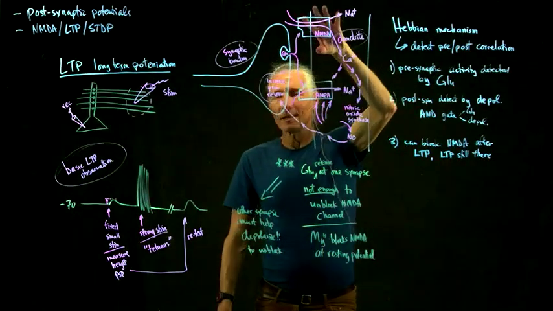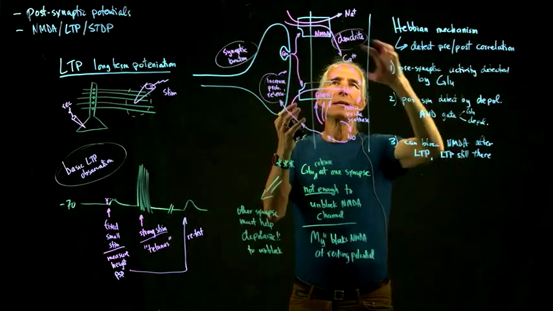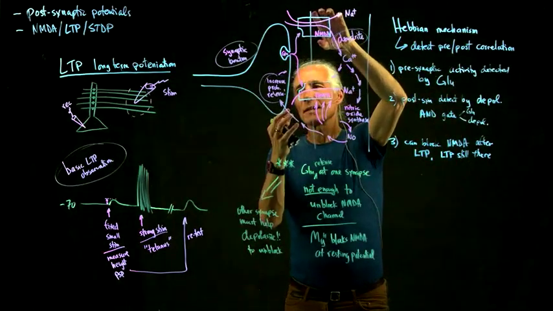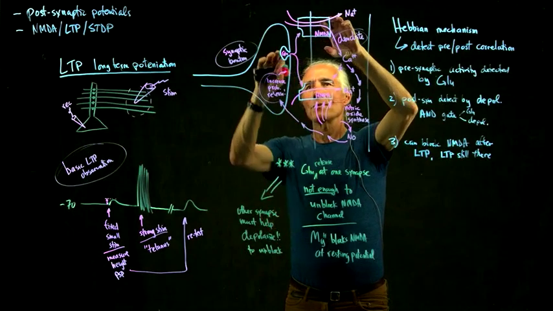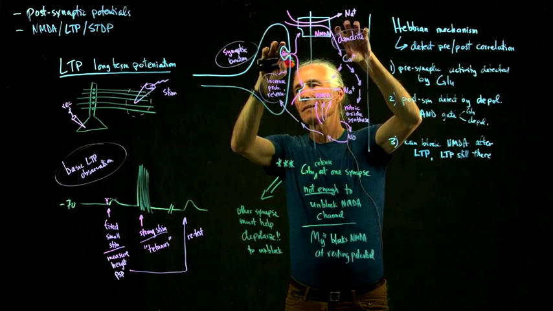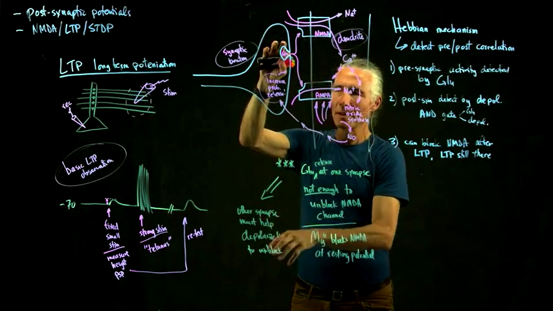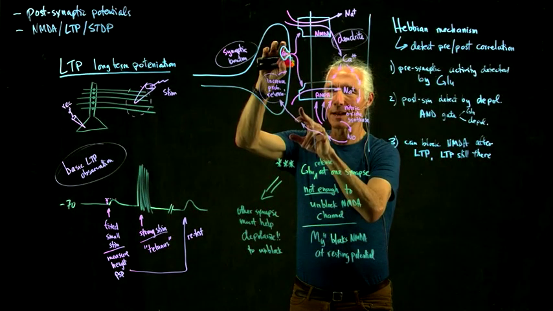So the NMDA channel is only required to detect this correlation, which it does by requiring depolarization to unblock it together with the presence of glutamate. You need glutamate plus depolarization, and that depolarization has to come from other cells, not just the present synapse.